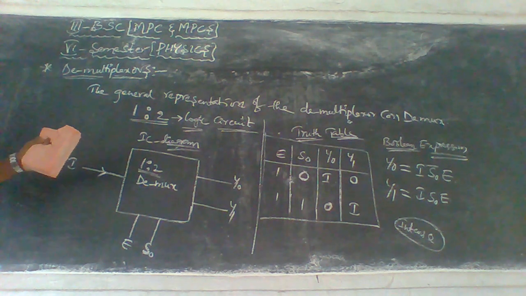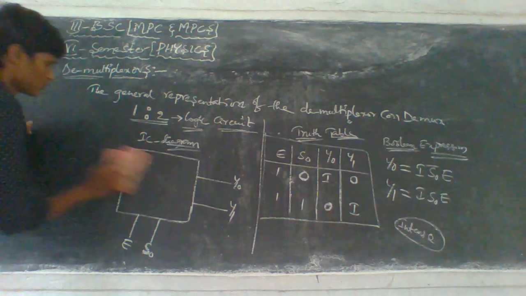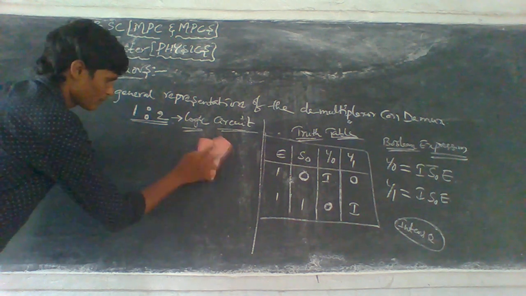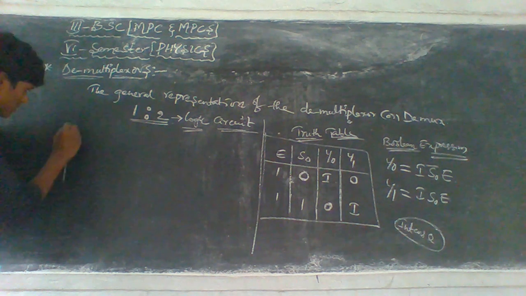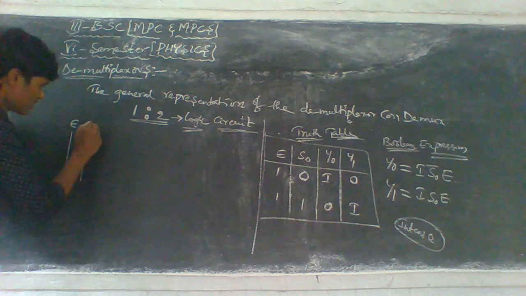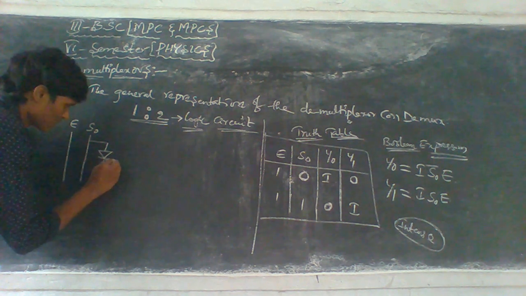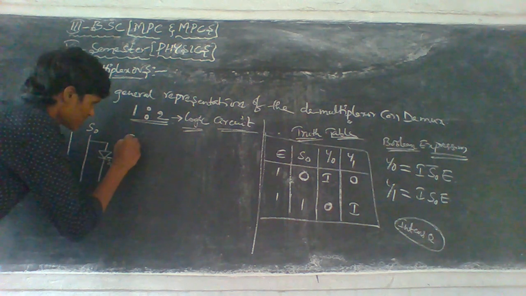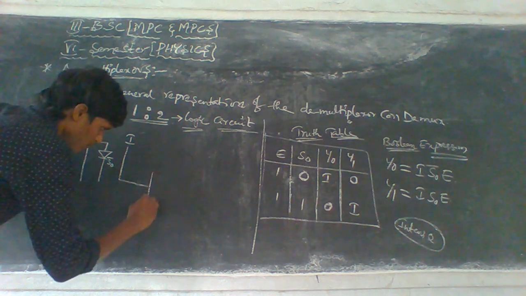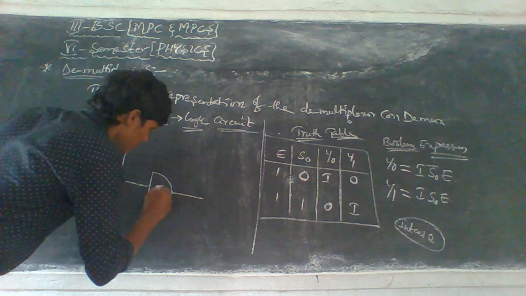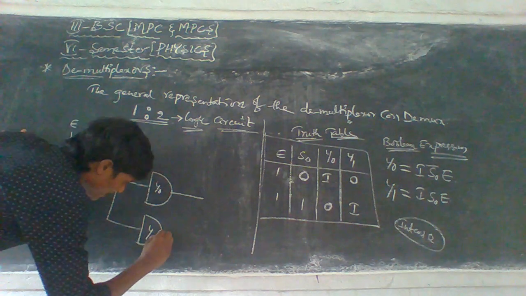The logic circuit of the one line input to two line output demultiplexer has E, S0, S0 bar and I. These are two AND gates: this one gives Y0 and the other AND gate gives Y1.